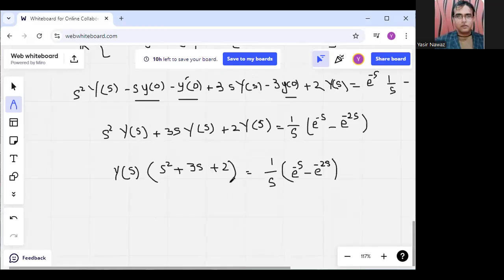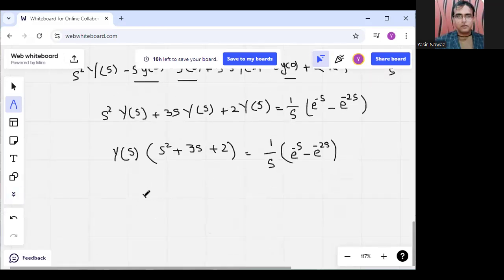Now I bring this on the right hand side. So Y of s is equal to 1 over s times 1 over s squared plus 3s plus 2, and this thing is e to the power minus s minus e to the power minus 2s.